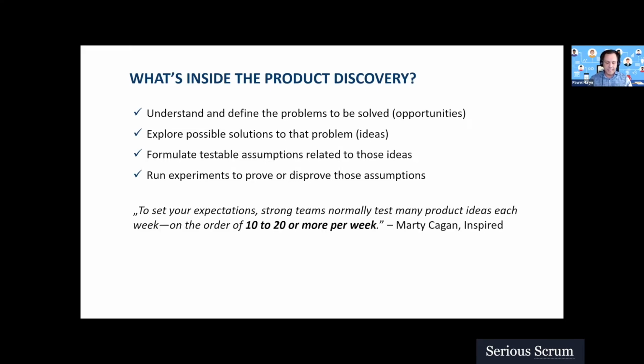What's interesting, it was shocking for me when I saw this statistic for the first time a few years ago, is that strong product teams test like 10, 20, or even more ideas every week. So as we can see, product discovery is dynamic. In my opinion, it's also a bit messy sometimes. And the feedback loops in product discovery may be much faster than in development.